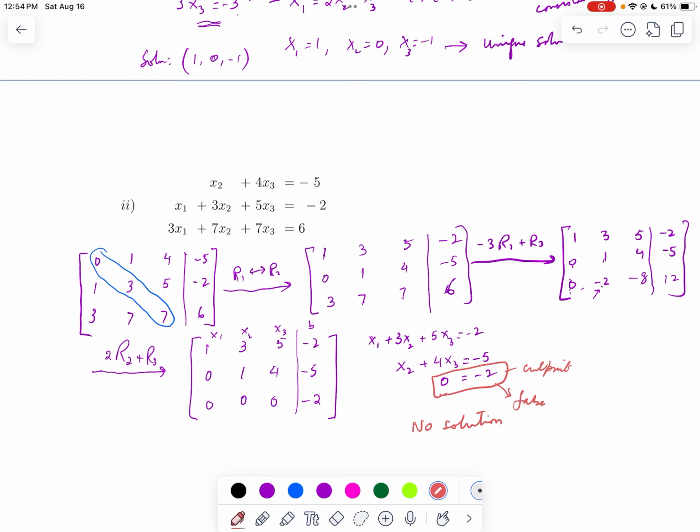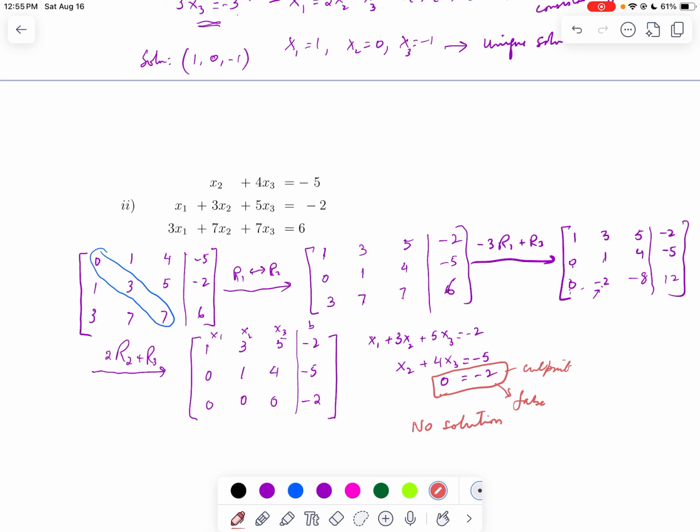Even if we could figure out x3, there will be situations where x3 could be any number, but in this case, because we are getting a wrong statement or a wrong result, we say there is no solution. Okay, so I showed you the two cases where we have a unique solution and no solution.